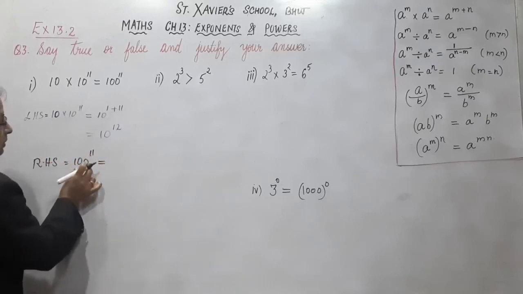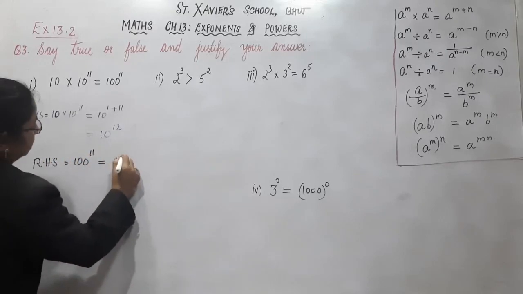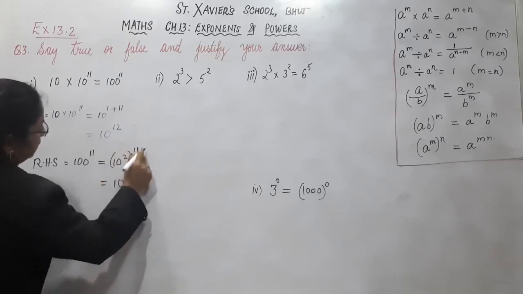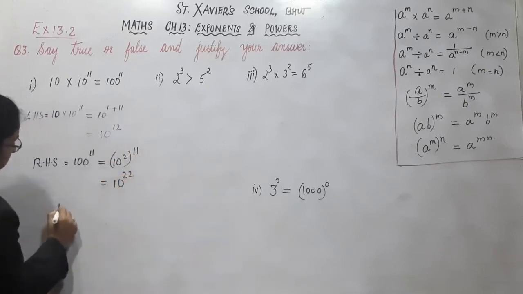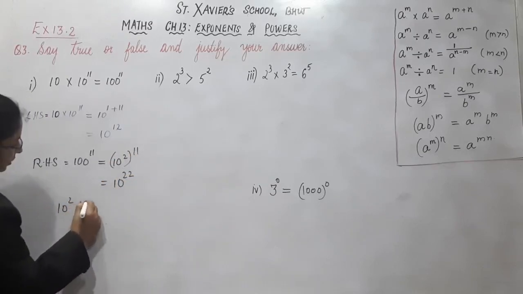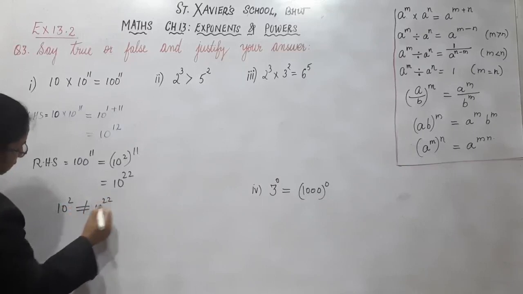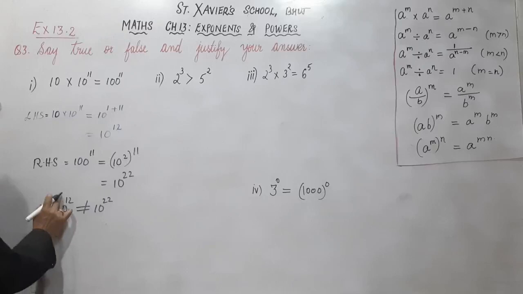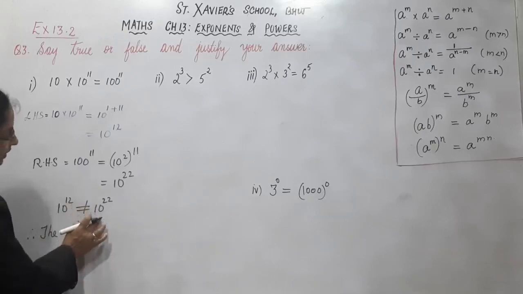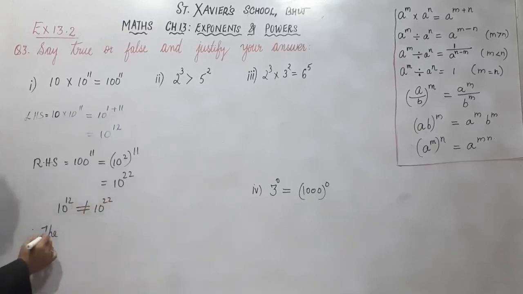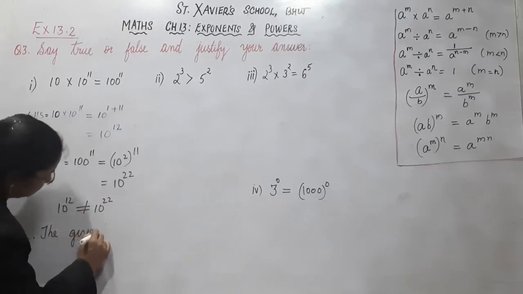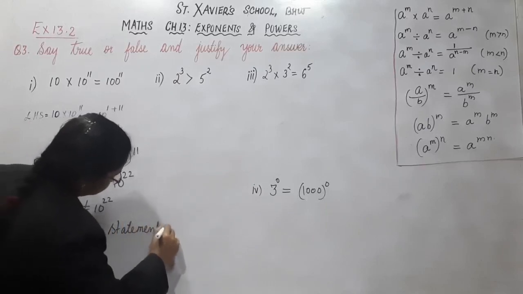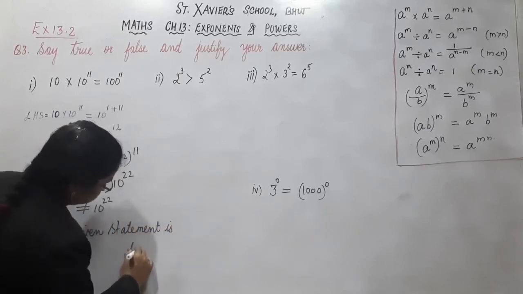You split 100 into 10 square. 10 square all raised to 11 is equal to 10 raised to 2 elevens are 22. Therefore, sorry children, 10 raised to 12 is not equal to 10 raised to 22. Therefore, the given statement is true or false? False.